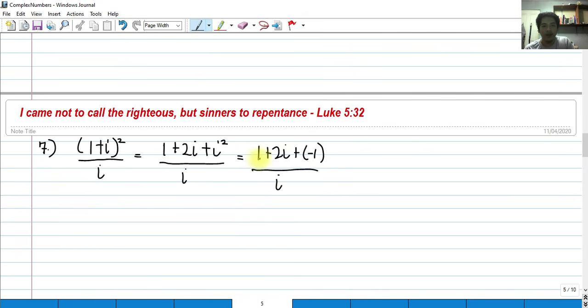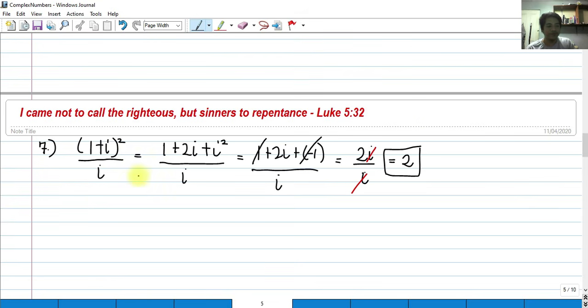So this means 1 minus 1, so this 1 would cancel. Then we have the remaining 2i over i. The i will cancel, the imaginary term. So we have an answer of 2.